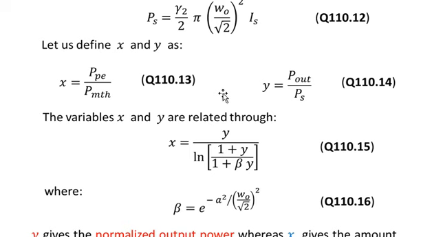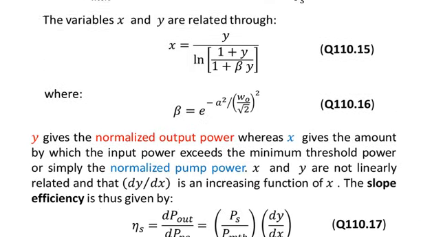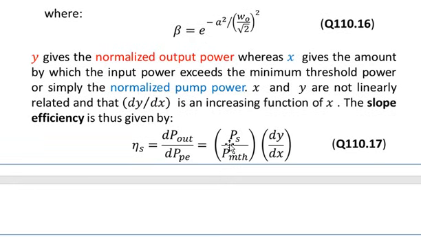Then you will see that the term y over x will be arranged in such a way that by inspection you can write out this expression dP out over dPPE, and this is referred to as the slope efficiency. So this is the expression that you can derive through inspection of the above two equations.